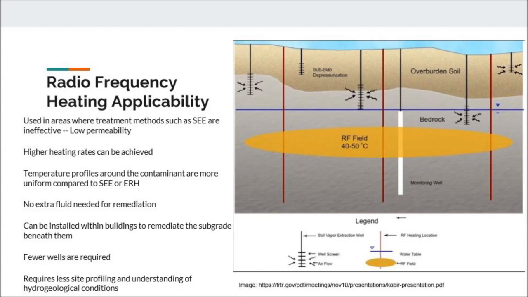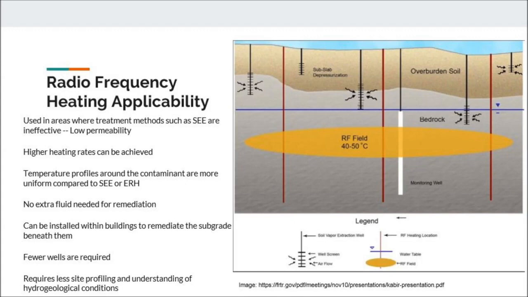If you were to model the temperature profile around the contaminant for this remediation method, you would see that it's often more uniform and reaches higher heating rates than the other thermal treatment methods we talked about before. This is because one of the characteristics of radio frequency heating is that it's independent from soil geology and composition, unlike electrical resistance heating or steam-enhanced extraction.